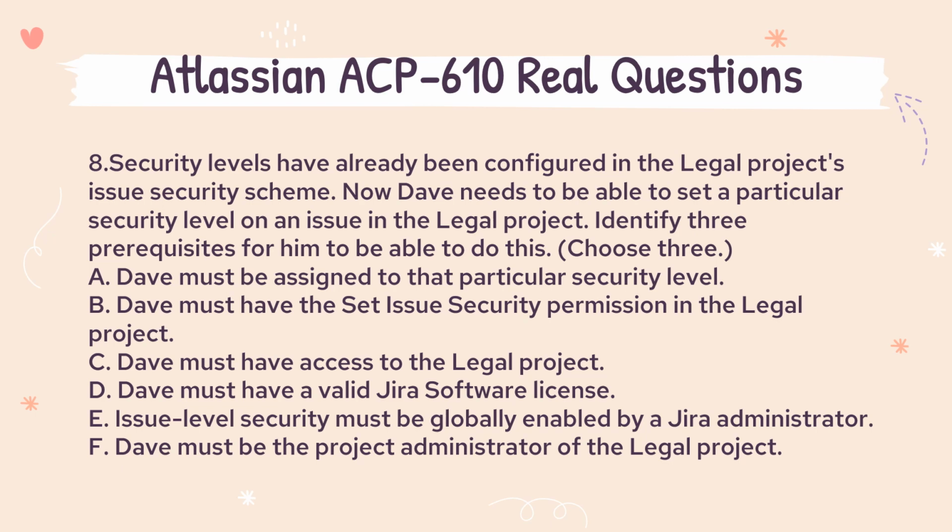B. Dave must have the set issue security permission in the legal project. C. Dave must have access to the legal project. D. Dave must have a valid Jira software license. E. Issue-level security must be globally enabled by a Jira administrator. F. Dave must be the project administrator of the legal project.